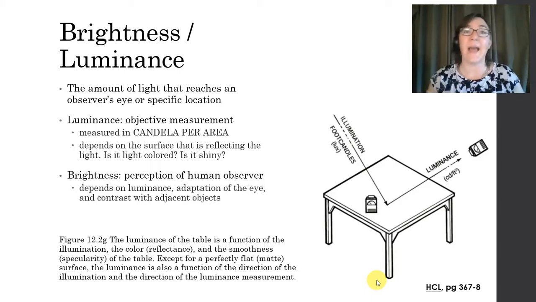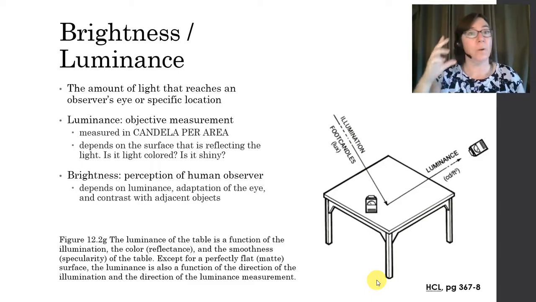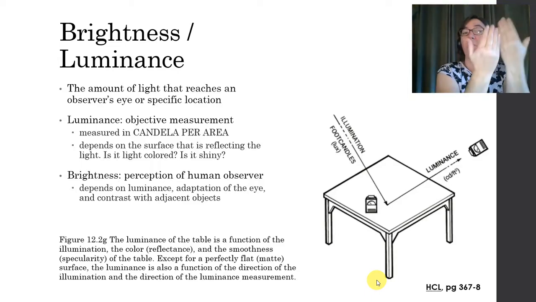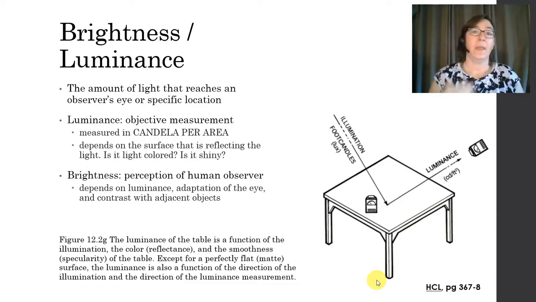Is the pupil dilated or pinned, is it open or closed? And it also depends on contrast with adjacent objects. Is the adjacent object very bright? Is it dark? So contrast plays a large role in there.